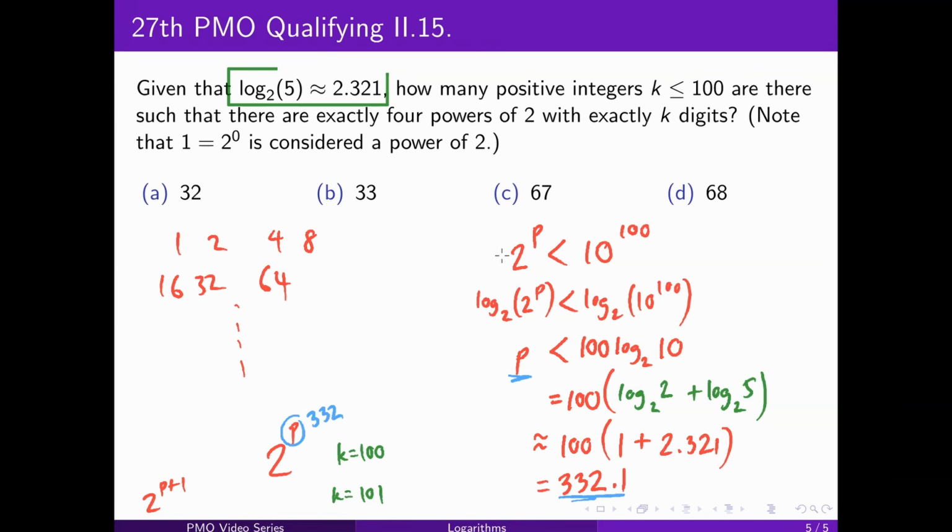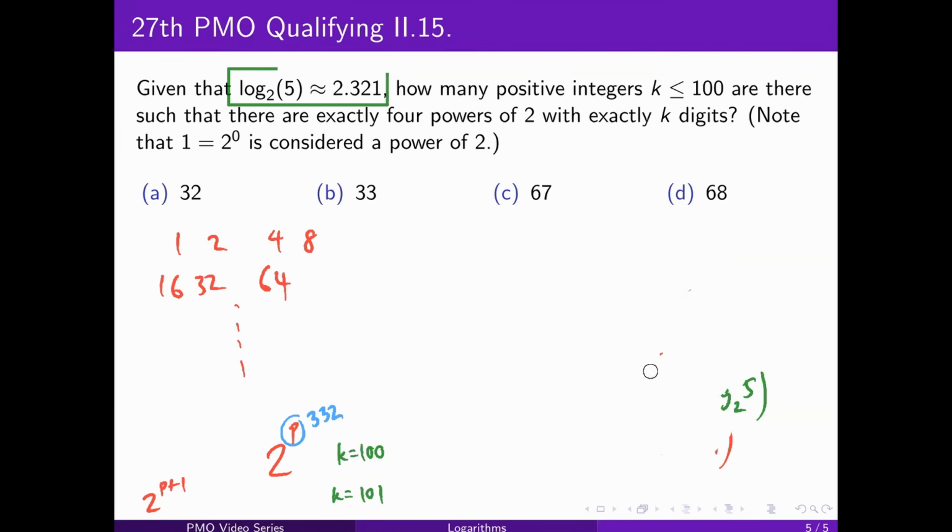All right, let's erase this part. So all in all, what we found is that we have to consider the powers from 2 raised to 0 until 2 raised to 332. And you know that if you put them into rows, you're going to have rows of 4 and 3.